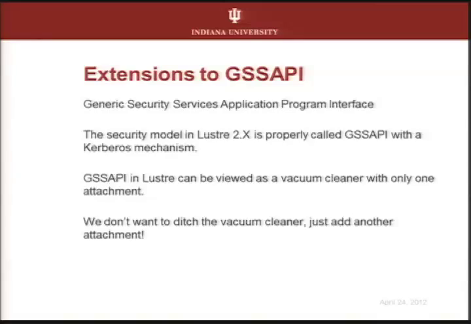So in extending it, I look at extensions to GSSAPI. If you look at Lustre, you don't really have native Kerberos inside Lustre. What you have is native GSSAPI, which uses a Kerberos mechanism. So you can look at GSSAPI as a vacuum cleaner that currently only has one attachment. I don't want to ditch the whole vacuum cleaner, but what I want to do is add an attachment that fits my environment.